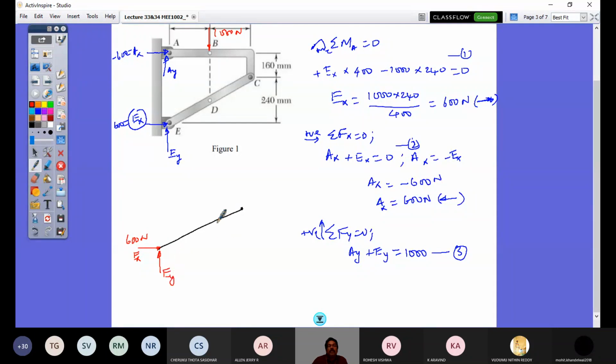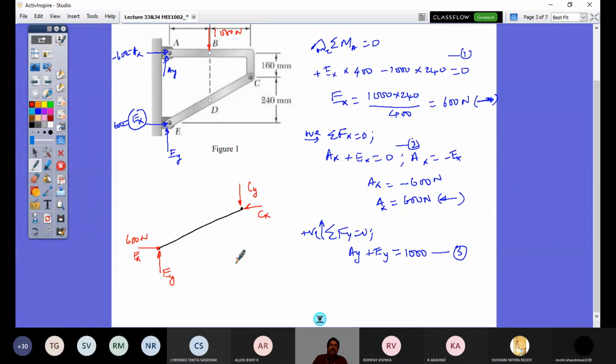And now the 1000 Newton force won't be accounted in this because that is acting in this case at point B. So there is no force at B, and the reactions at point C should be just opposite to whatever I have here. So this is Cx, and my Cy is like this.